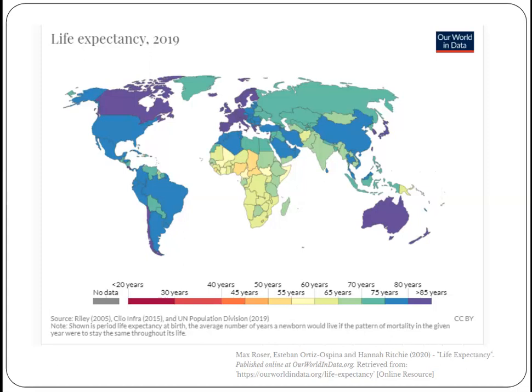In 2019, the country that had the highest life expectancy was Tokyo with about 85, I believe. All right. And so you can see our purple countries are going to have much higher life expectancies versus our oranges and yellows, which are going to be in the mid 50s, or in some places early 50s, mid 50s to 60s. Okay, so folks are not living the same number of years across the planet.